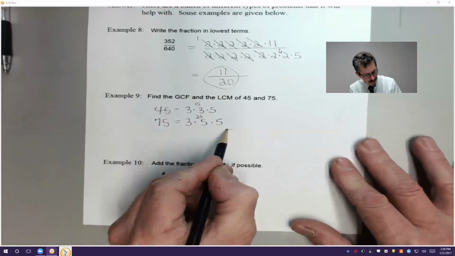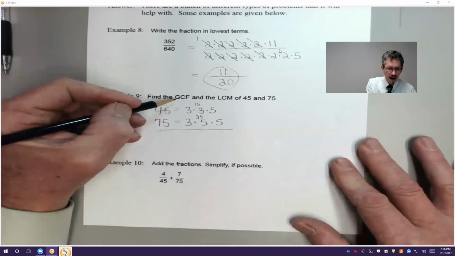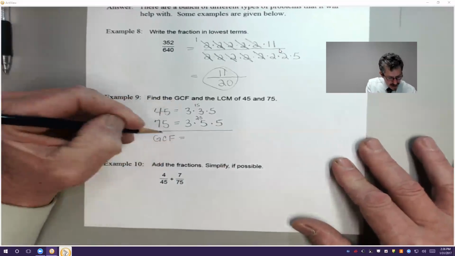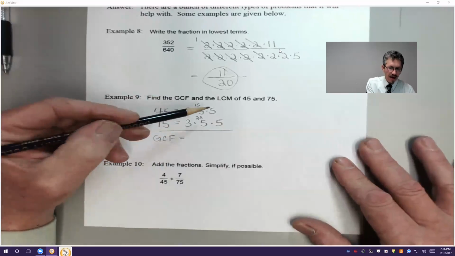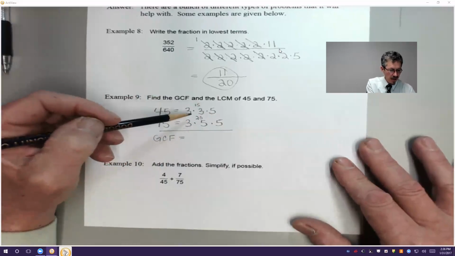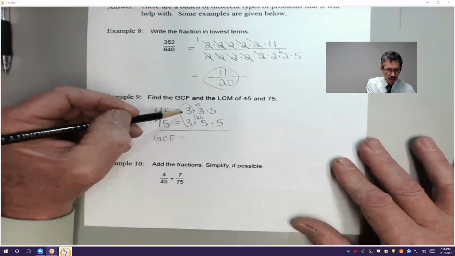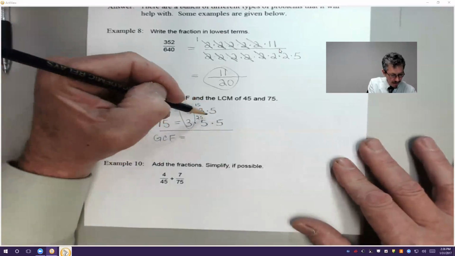Okay, first of all, let's look at greatest common factor. Very simply, you identify the factors that are in each expansion. Both expansions have at least one 3, and both of them have a 5.